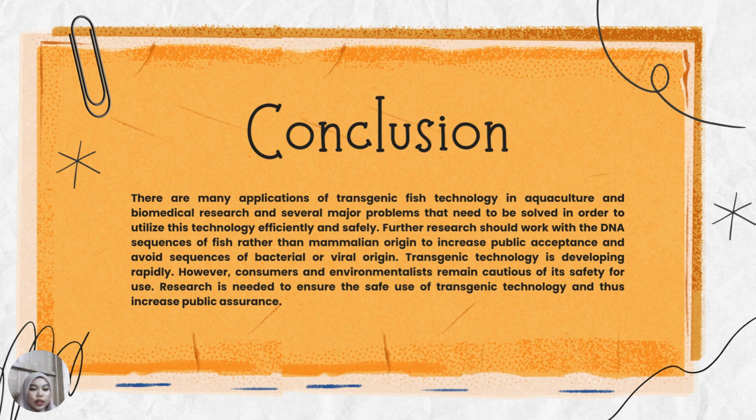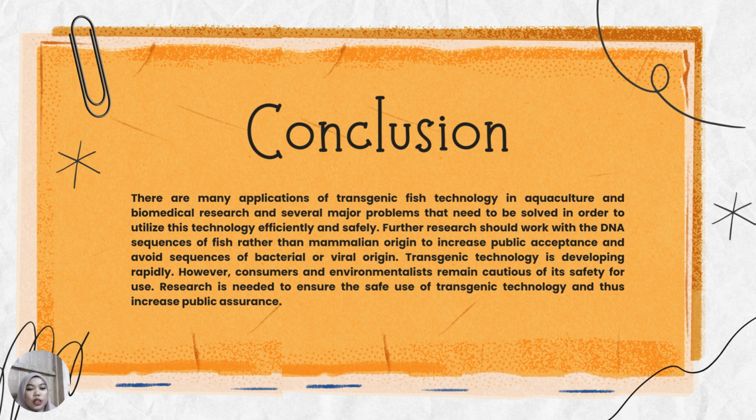And for the conclusion, there are many applications of transgenic fish technology in aquaculture and biomedical research, and several major problems that need to be solved in order to utilize this technology efficiently and safely. Further research should work with the DNA sequences of fish rather than mammalian origin to increase public acceptance and avoid sequences of bacterial or viral origin.